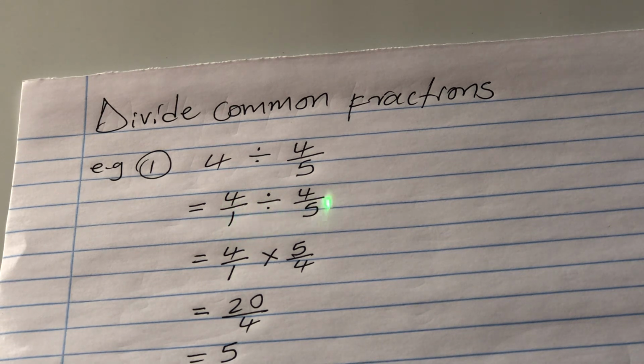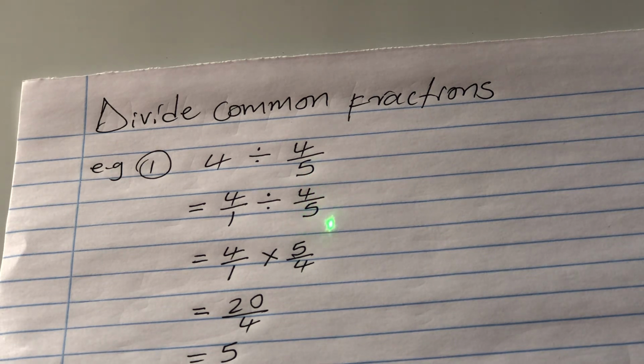And as you can see at this stage, the only thing that can be done is to change the division sign to a multiplication sign. And when we change the division sign to a multiplication sign, the fraction on the right is affected.